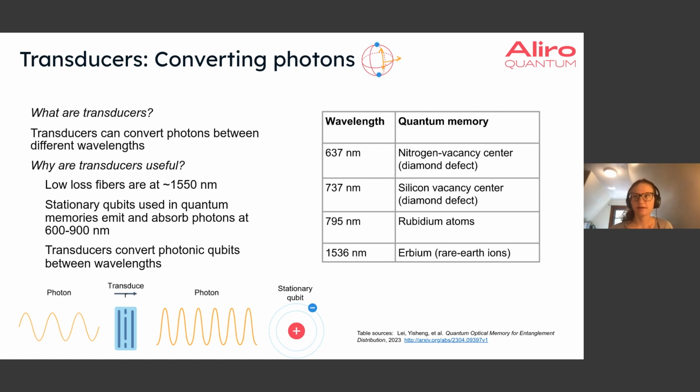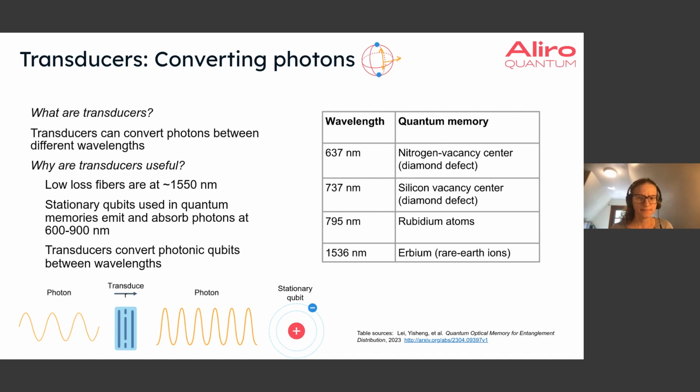There are some drawbacks of erbium quantum memories, which is currently some quantum operations are a bit trickier to perform with rare earth ion quantum memories. For instance, it's really useful to be able to have a local CNOT gate in order to do quantum entanglement purification protocols. And this is actually tricky to implement right now with erbium ions. However, this is still a very promising quantum memory with research ongoing.